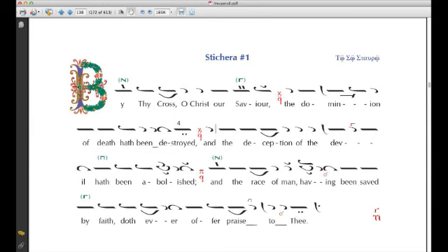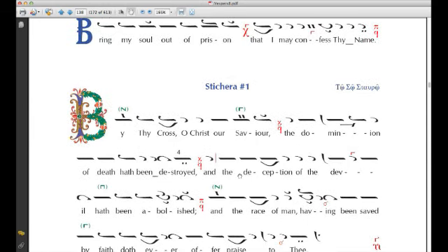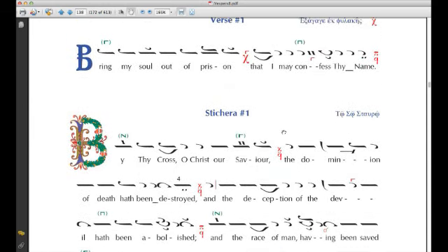Cool. Let's do it one more time. Now with the words, bring my soul out of prison. Bring my soul out of prison, that I may confess thy name.